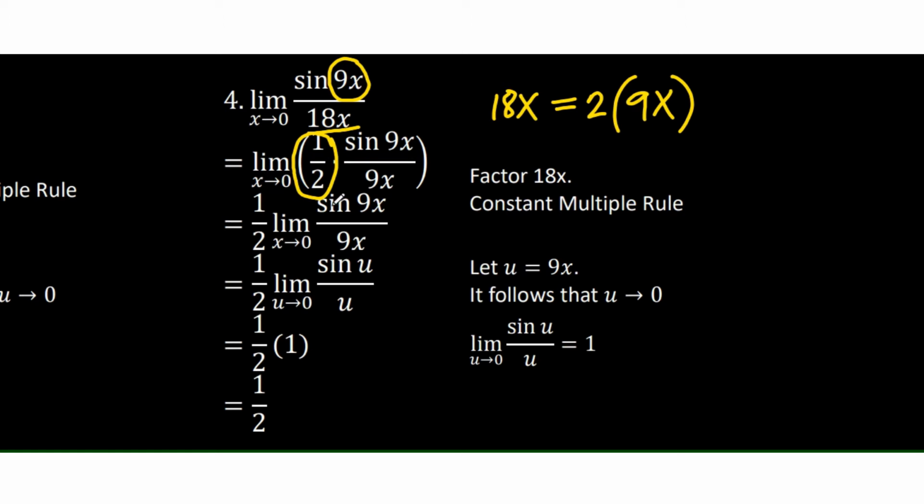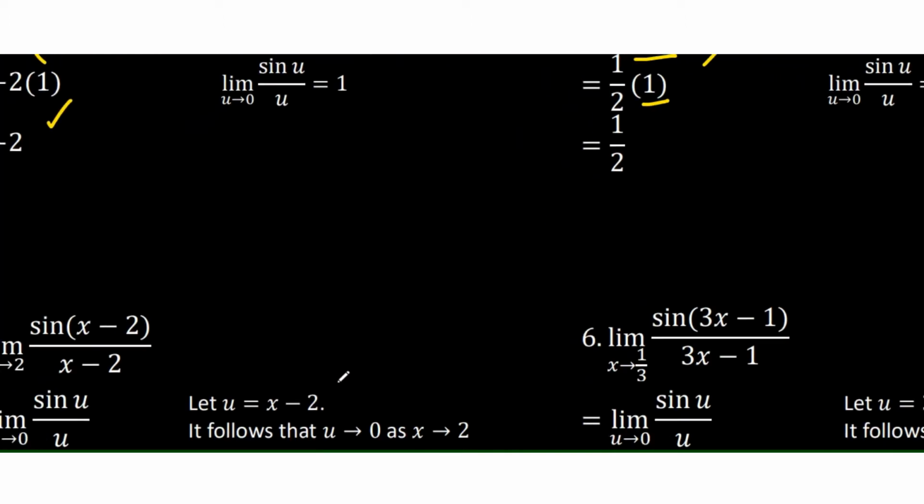It came from 18x. We separate 1/2, and we are now going to evaluate sine 9x over 9x as x approaches 0, and we can have a representation. Let u be 9x here. So that is 1. So 1/2 times 1 is 1/2.